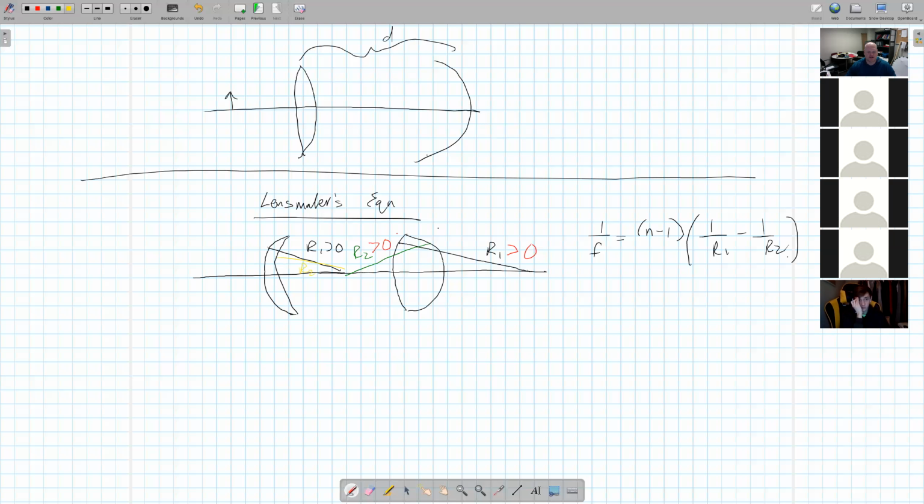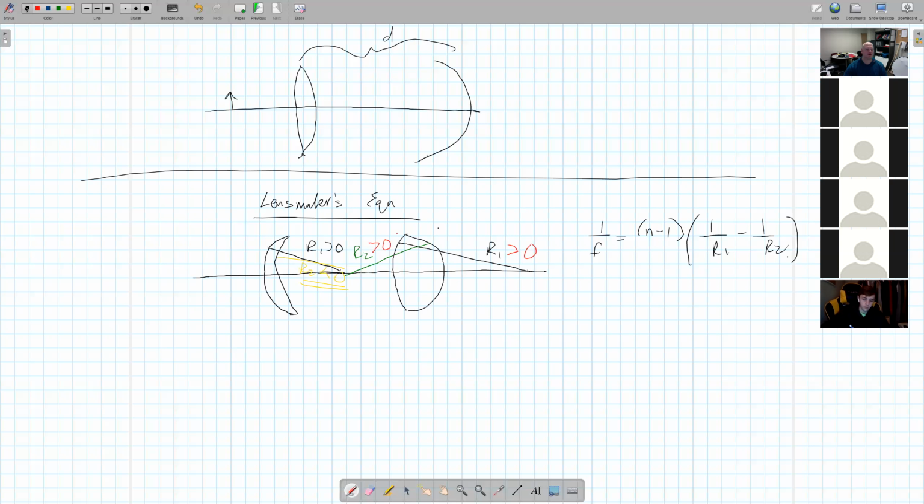So in this case, R2 would actually be negative, where the others would be positive. That's just how we determine the signs on these particular radii. So if it looks like what I have drawn here, these are positive radii. If it looks anything else, then these would be negative radii.